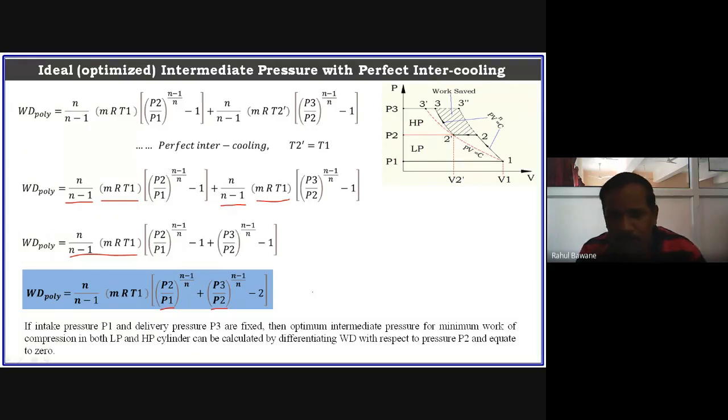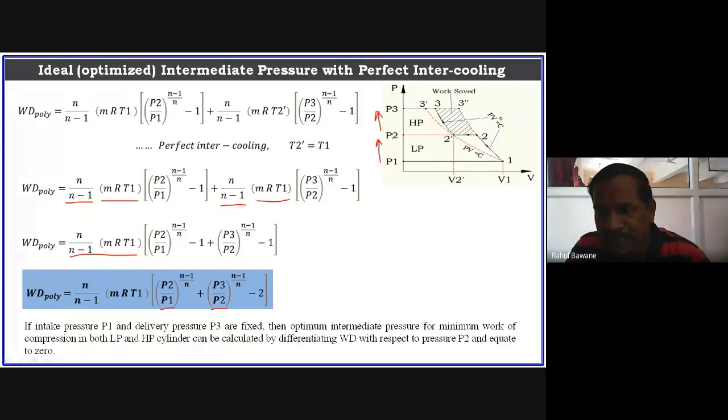So what will be the optimum intermediate pressure? Suppose I am compressing air from P1 to P2. I have to provide some work input, then from P2 to P3 again I am providing some work input.